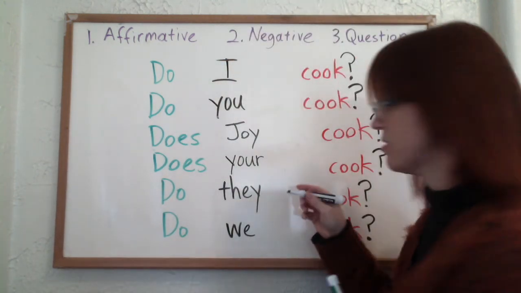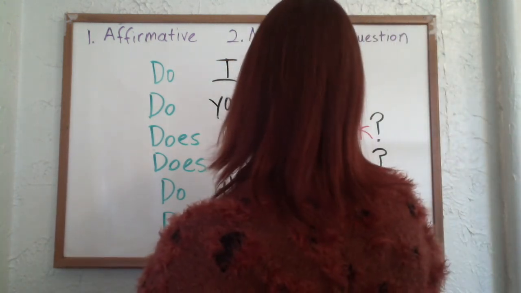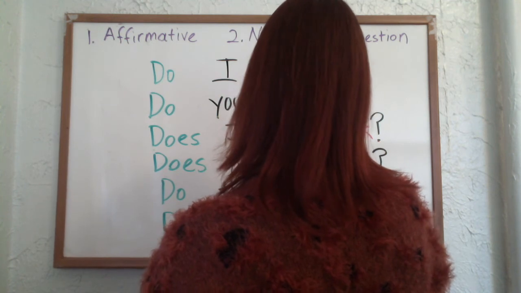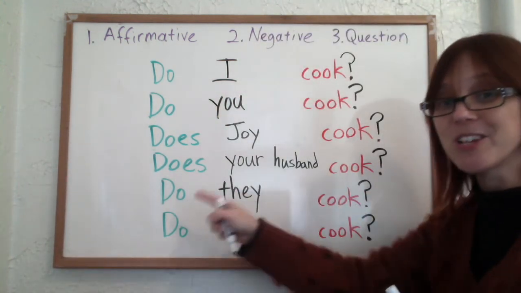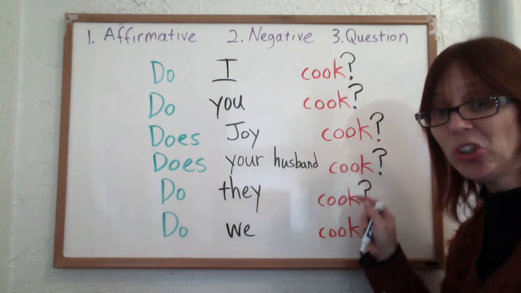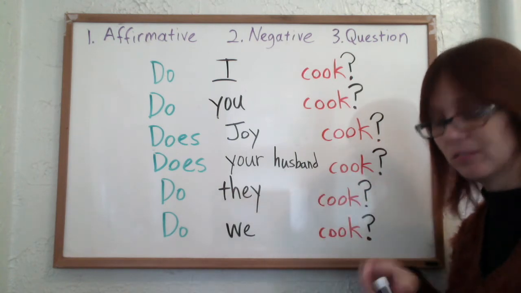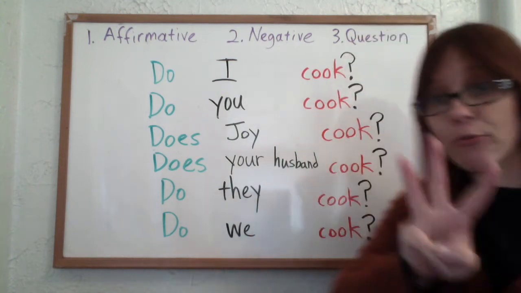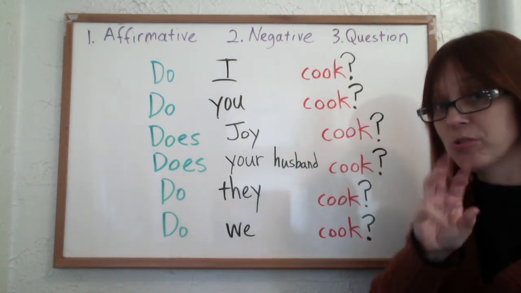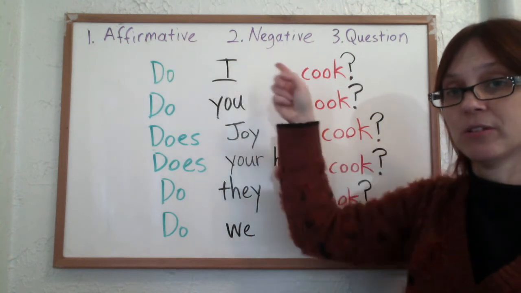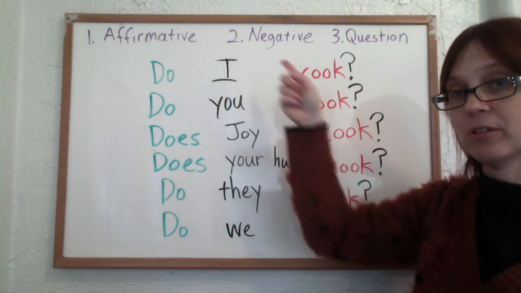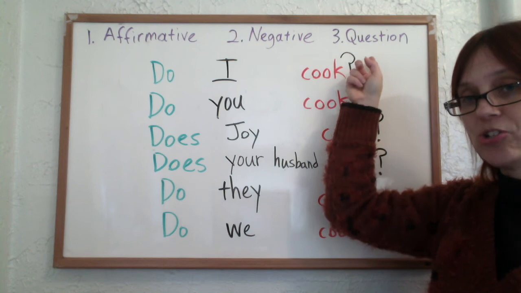Your husband. Not very much room there. Does your husband cook? So these are the three forms of present tense: affirmative, negative, and question.